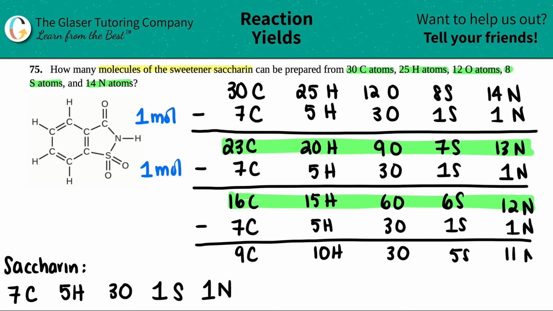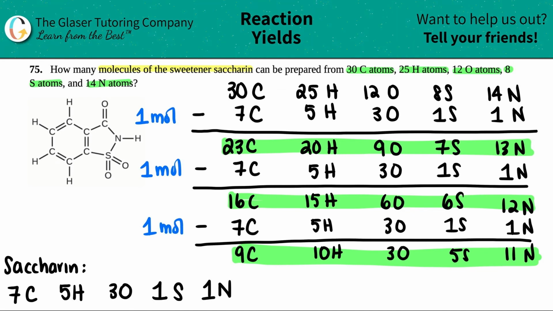And then we have 11 nitrogen. All positive numbers still. So that means that we could have had 3 molecules of saccharin. So right now we're at 3 molecules of saccharin that could have been made.